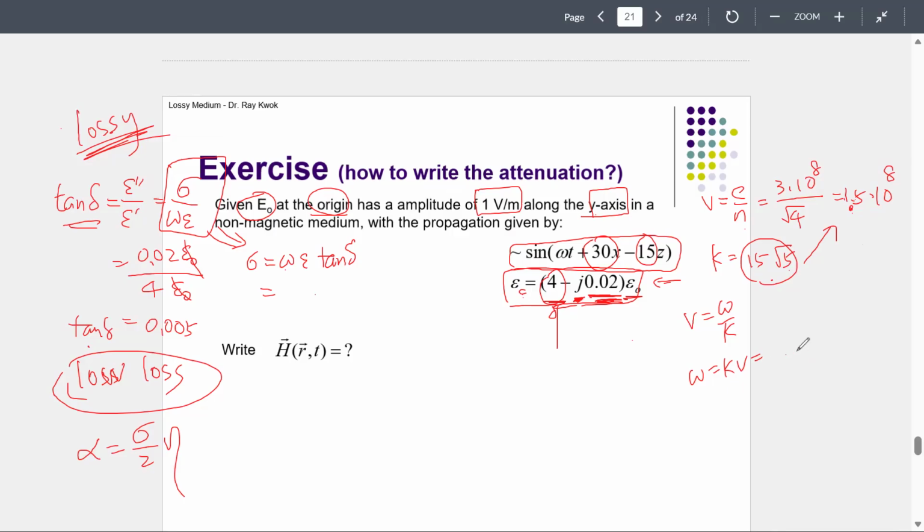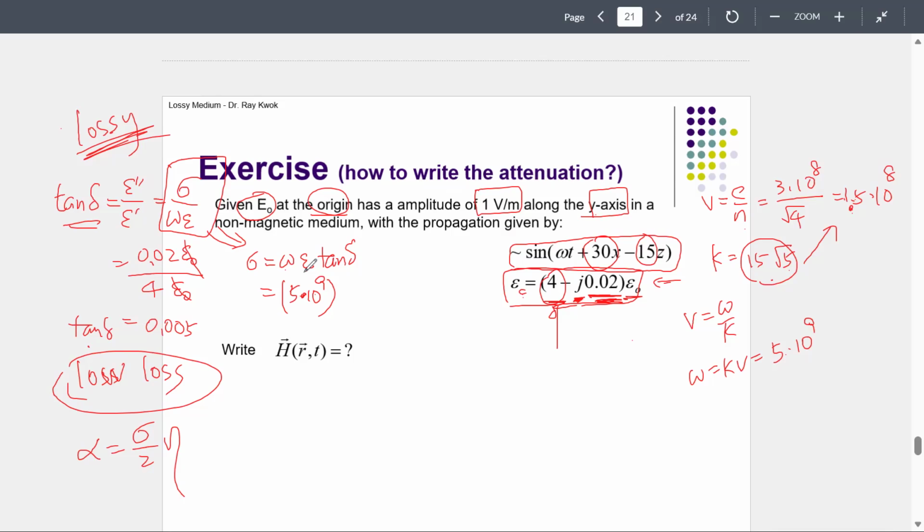V times k, 1.5 times this one. Okay, fine. I trust you. All right, so I know omega is 5 times 10 to the 9.